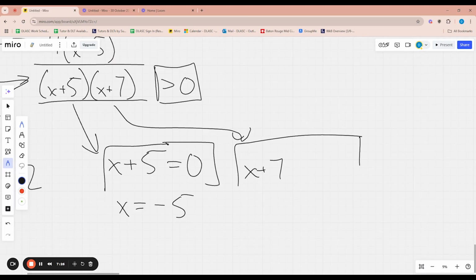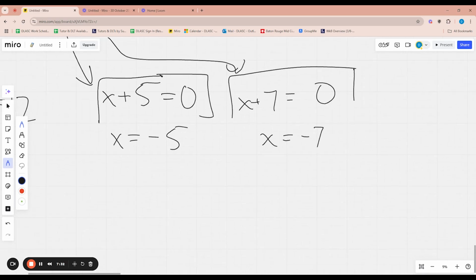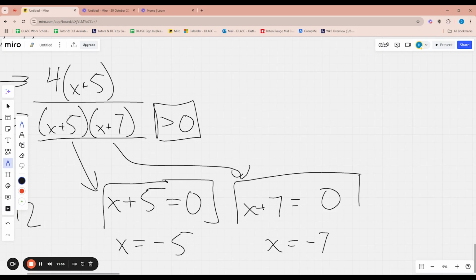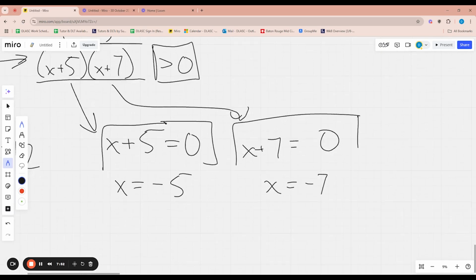Another quick rearrange, and x equals -7. So that means for our rational expression, if you try to graph it, these specific values, x equals -5 and x equals -7, will not have a solution.